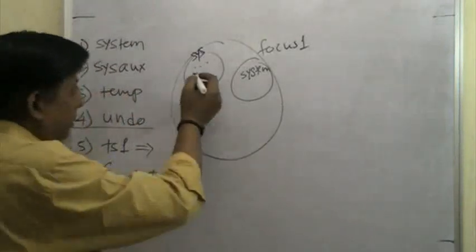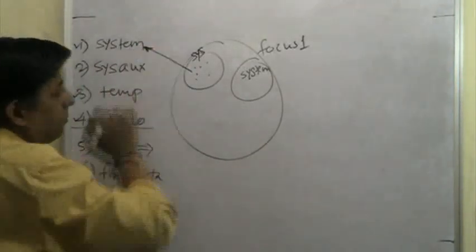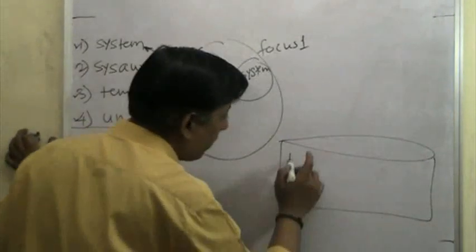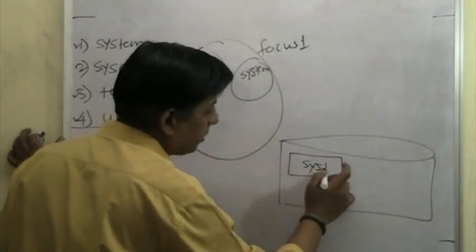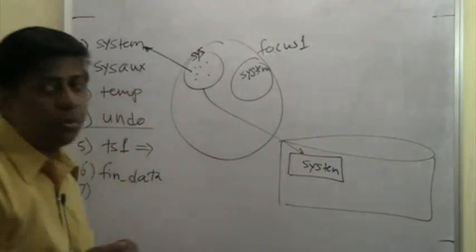And these objects are going to be stored in the table space system. So on your hard disk you are going to have one or more data files, and those data files will be there for this table space system. And in that system table space, user Sys will be storing all of his objects.